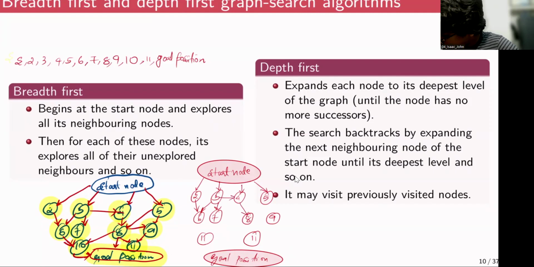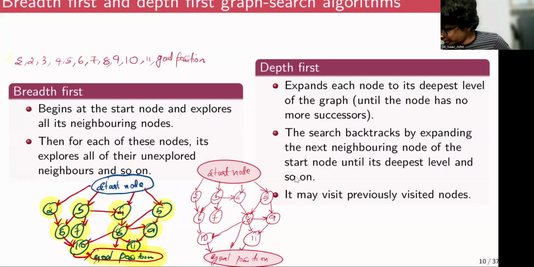Then 5 is connected to 8 and 9. 8 is connected to 9. 9 is connected to 11. 8 is connected to the goal position. 8 is connected to 11. 11 is also connected to the goal position. 6 is connected to 10, 7 is not connected. 10 is connected to the goal position. And 8 to 10 also we have. I think this is pretty much it.